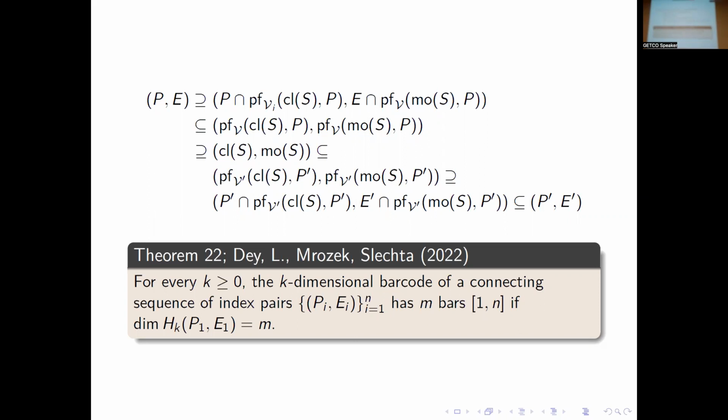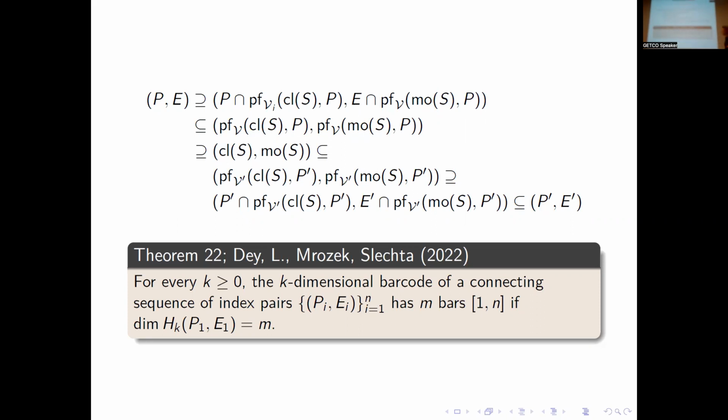And the other remark is that this is the most general recipe for how to connect them, but in a lot of cases this sequence will get simplified a lot.